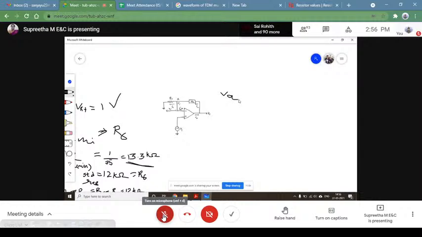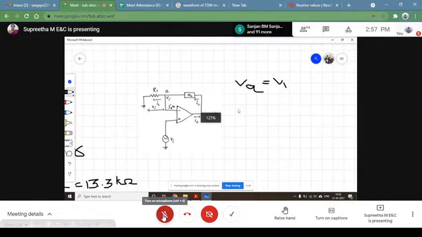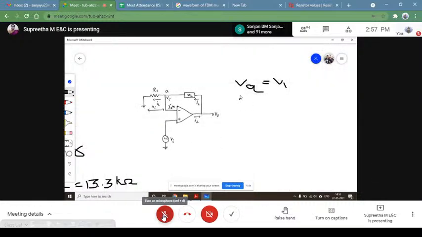What is the voltage at the node VA? Or the other way around, if you take VA to be equal to V1, apply KCL at node V1.